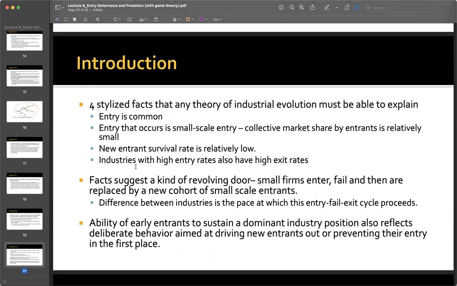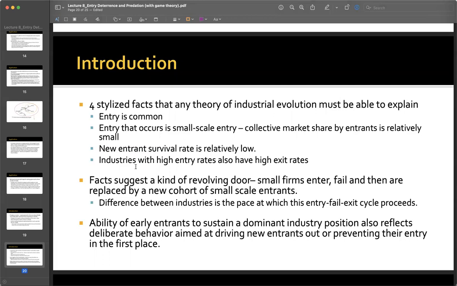Now let's think about further ideas or concepts on entry. There are 4 facts that are common in entry in dynamic industry models. First, entry is common. Entry usually occurs at small scale, so they start small and at some point they will grow.